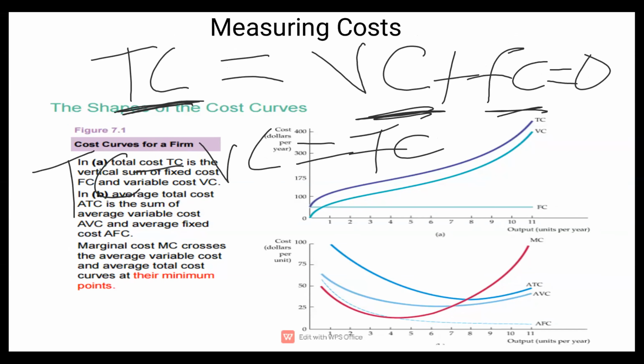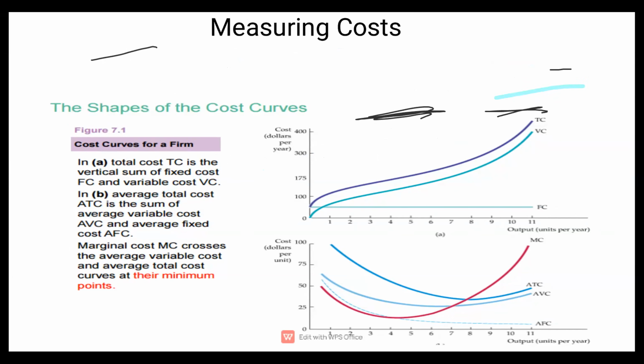Why is the marginal cost U-shaped? The shortest answer that I would give is because of the economies and diseconomies of scale.